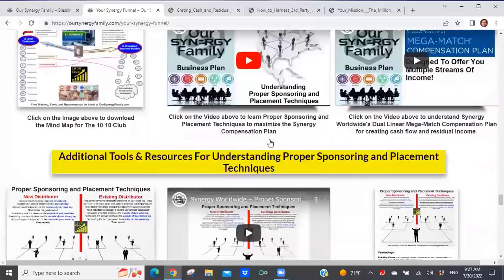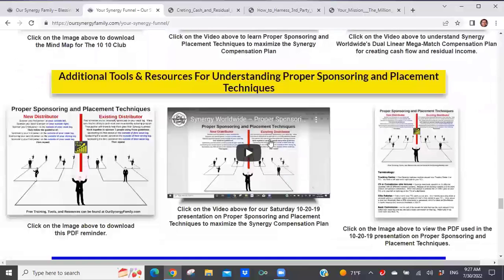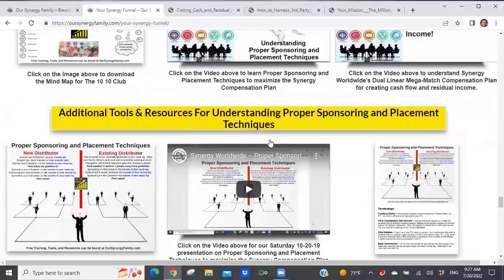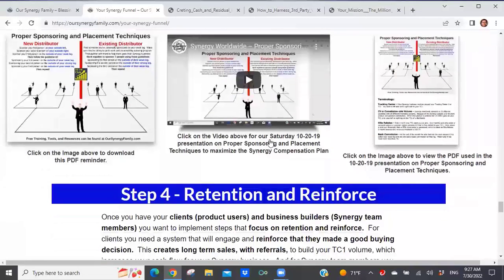We've got all these additional resource tools that we've created, from proper sponsoring and placement techniques, so you can make sure that as you grow the distributor side of your Synergy organization, you properly place people within your organization to maximize your potential, as well as to help maximize their potential for creating basic commissions and mega matches.